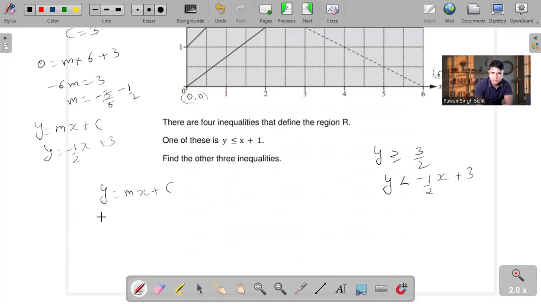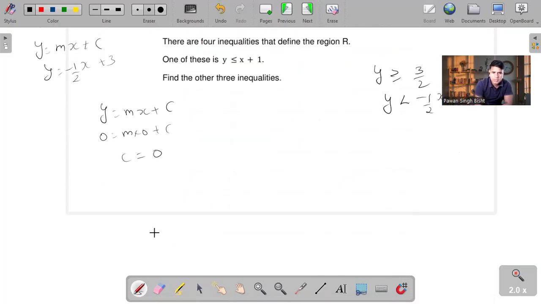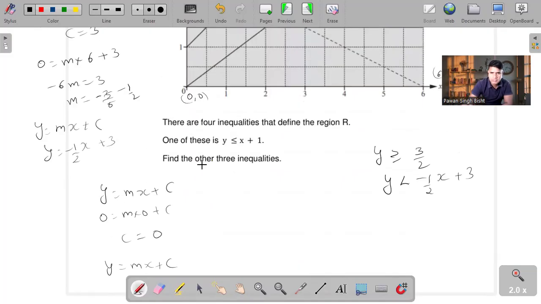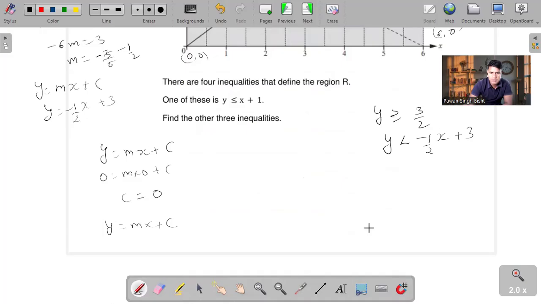If you put x as 0 and y as 0, c also comes 0. Now the second condition is when x is 4, y is 3, and c is 0, so m is 3 over 4.